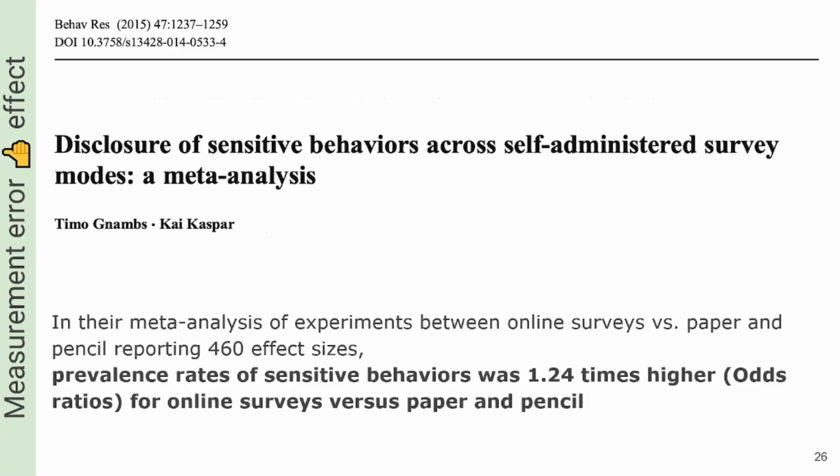How about sensitive topics? Comparing paper with online surveys, actually, see, I put a thumbs up, is great. We got 1.20 times higher reporting of sensitive behaviors. And we know from the literature that when the behavior is sensitive, the more the better.